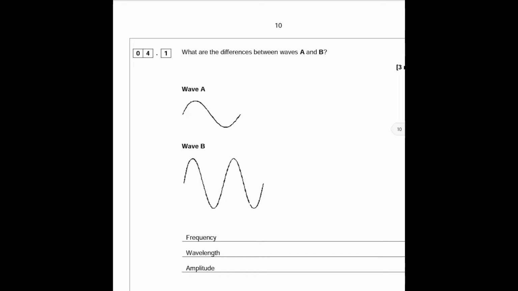Next one, what are the differences between waves A and B? Okay, so we can just refer to one wave and compare it against the other wave. Based on the frequency, the frequency for B is greater.